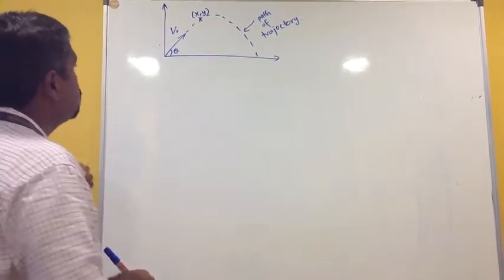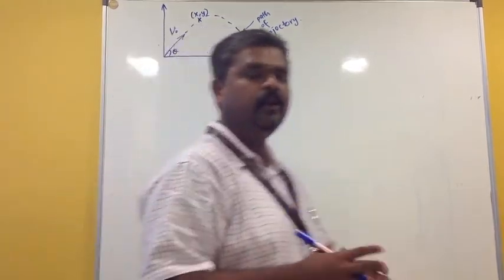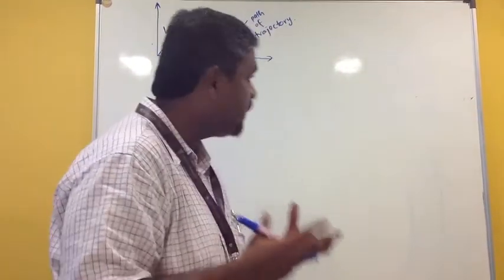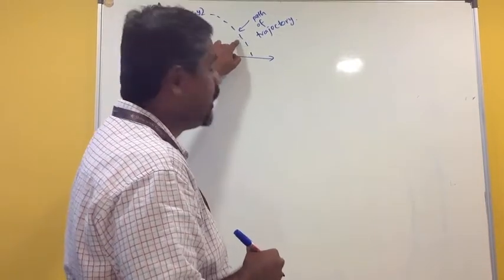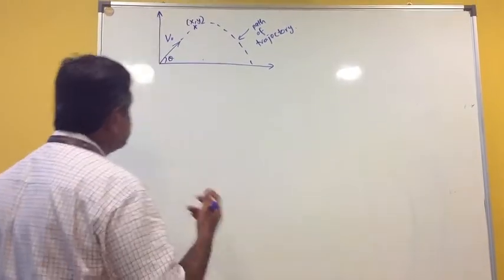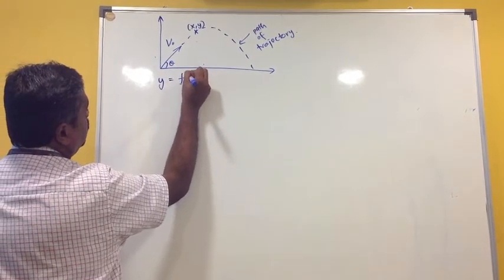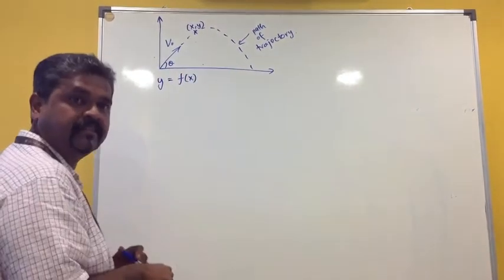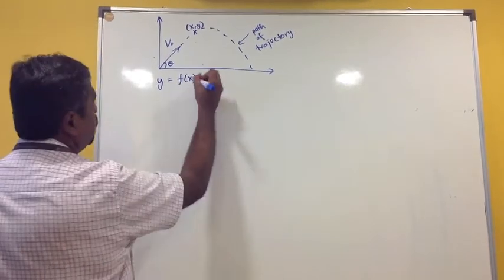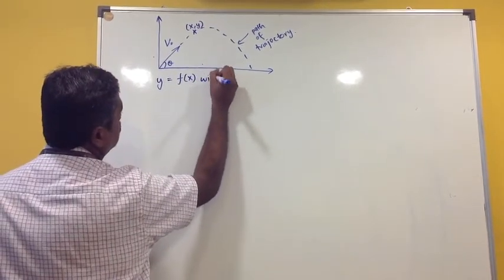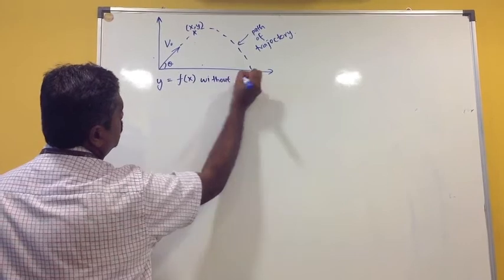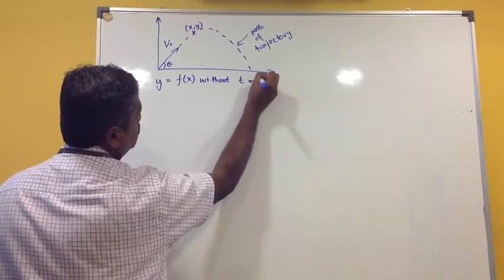If I were to ask you to derive the mathematical equation that governs this path of trajectory, what I'm trying to say is, if I were to ask you to give me a mathematical equation in the form of y as a function of x without t in it.